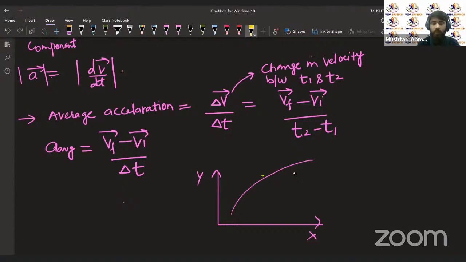Let's suppose at time t1 the particle had some velocity v1 vector, at point A. And after some time t2, the particle reaches point B.